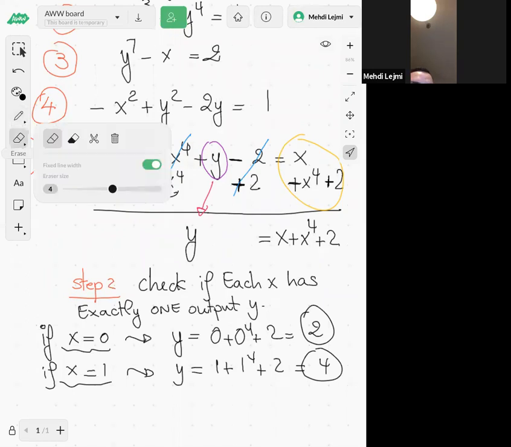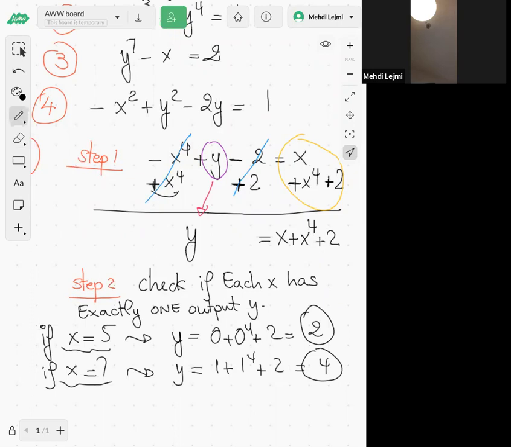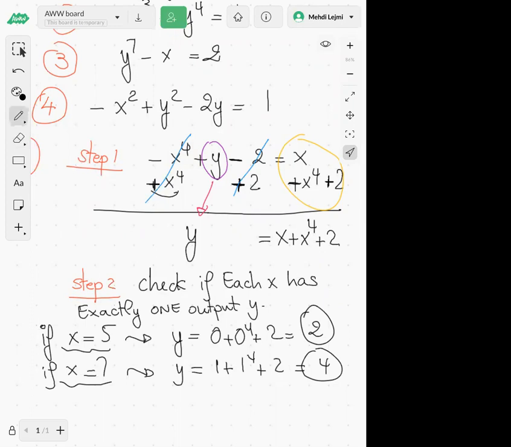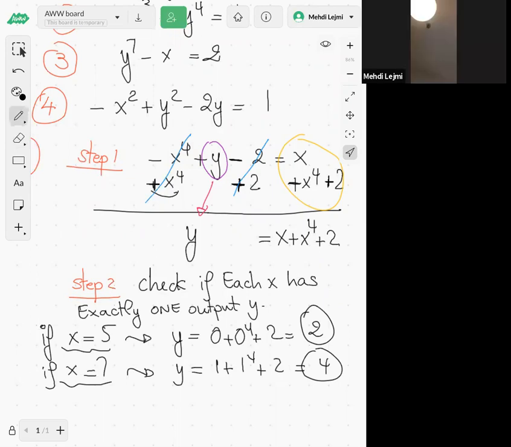Instead of 0 and 1, I can take, let's say, positive 5, or we can take 7 if you want. Any random, just a couple of random values, just to see if I get exactly one output, right? That's what I'm doing. Of course, here if x is 5, this would be different.